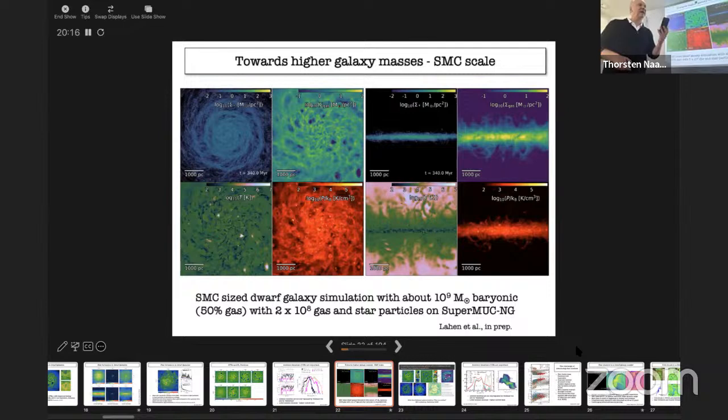You said the star formation rate is the same, but the outflow rate is very different. Yes. That means on a longer time scale, you see an effect on the star formation rate afterwards? Yeah, in principle, yes, but the star formation rates in these systems are so low.